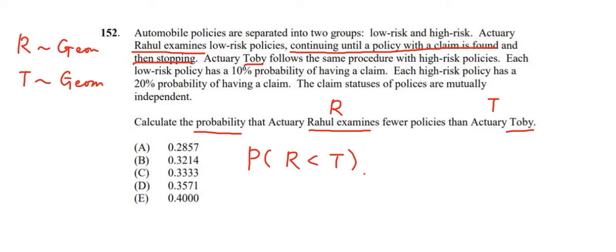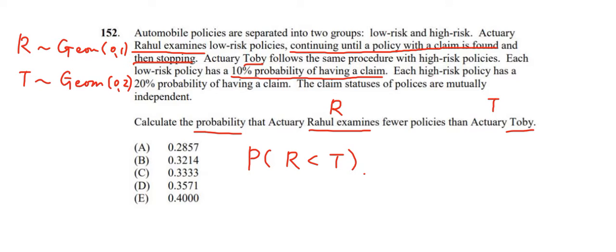For R, checking low risk, let's say there's a 10% probability of having a claim, so the probability that the event happens is 0.1. And for T it is 20%, 0.2. So R and T both follow geometric distributions with probabilities p of 0.1 and 0.2.